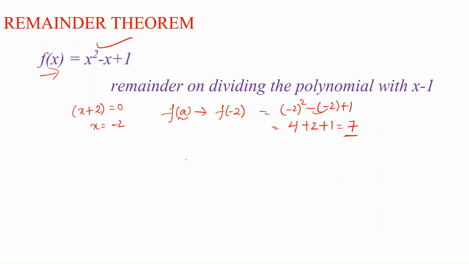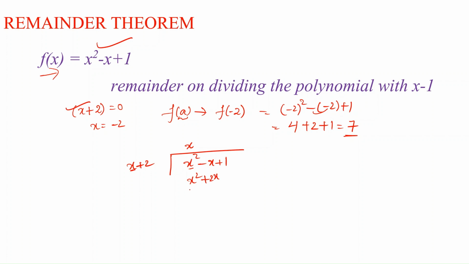Let us validate this using the actual division. Take the expression and divide this with x plus 2. Okay, x square divided by this x gives x. So we write it here. Now x into x is x square, x into 2 is 2x.